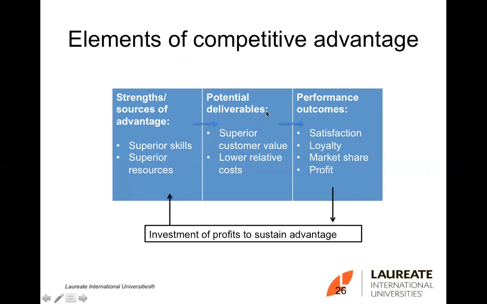Potential deliverable. What can that do? Well, potentially it can help us finance all marketing activities, finance all innovation activities. So what specific performance can we expect from strong financial resources? Well, that helps us build our brand, for instance.